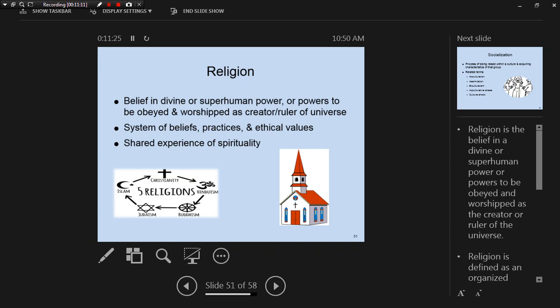So you can be both. You can be spiritual and also be associated with a specific religion and be religious, because some believe in both, in a divine or superhuman power that's beyond yourself. Religion is a much more organized system of beliefs where we're meeting with certain groups of people, whereas spirituality is more individual, and you don't have to be associated with a specific religion to be spiritual.